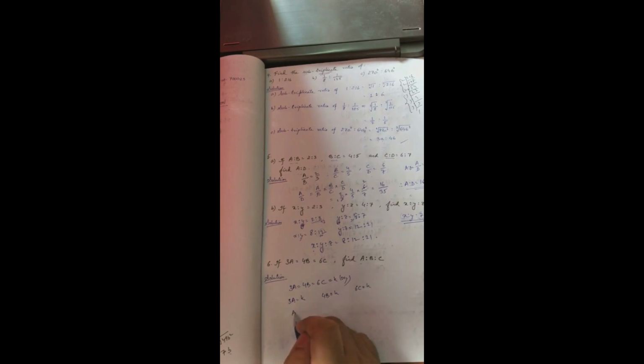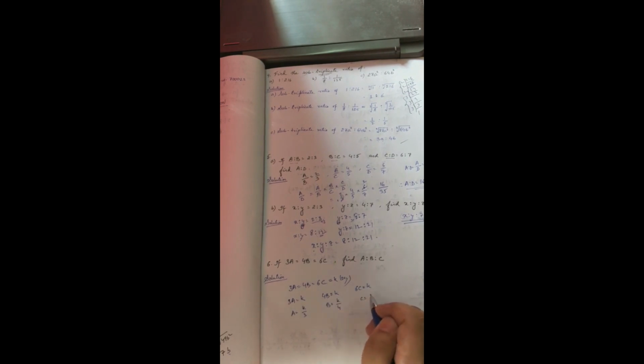Now a will be k by 3, b will be k by 4, and c is equal to k by 6. So a is to b is to c will be k by 3 is to k by 4 is to k by 6.